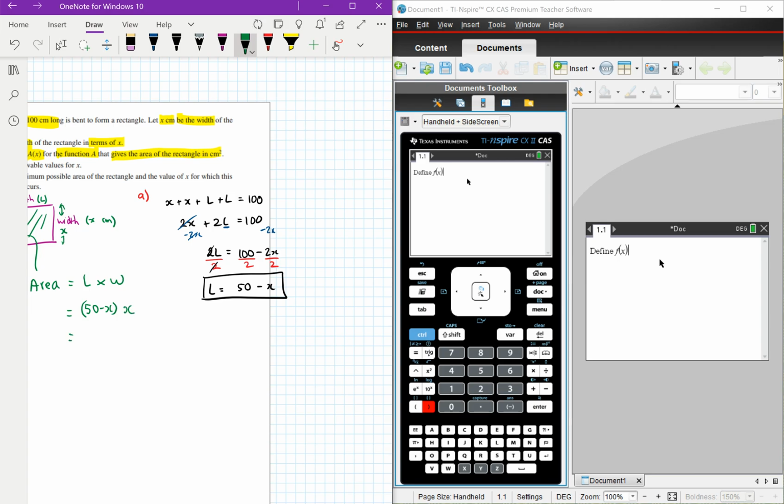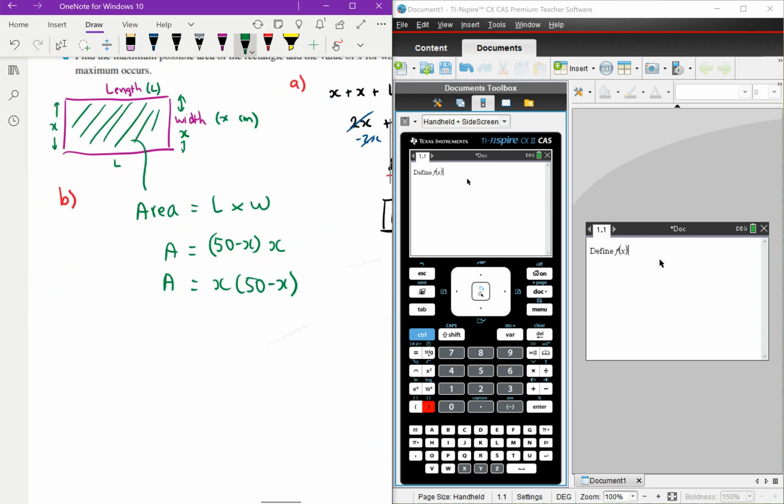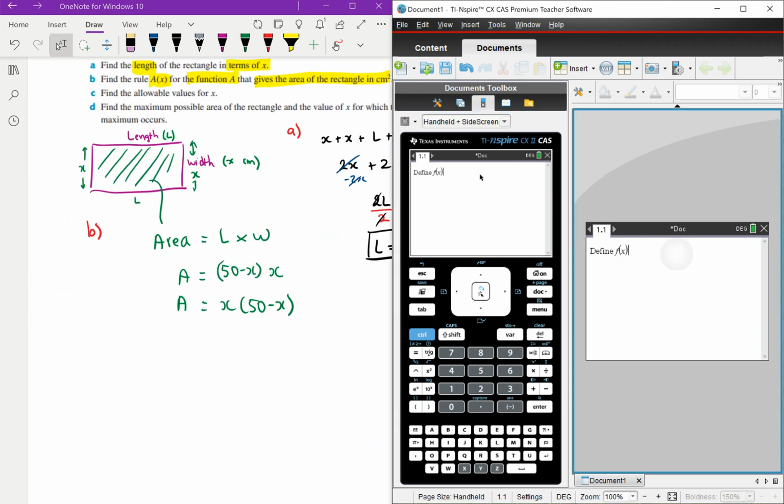So this gives us the area equation, x times 50 minus x. Correct? Okay, so that's probably what I would write on my calculator. I would define f of x equals x multiplied by 50 minus x, press enter, and I've defined my function.